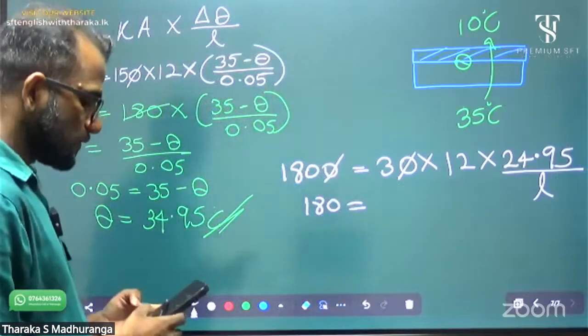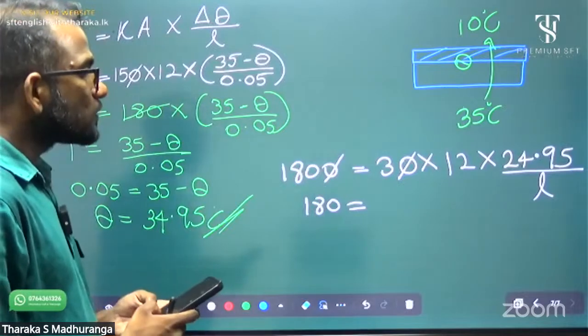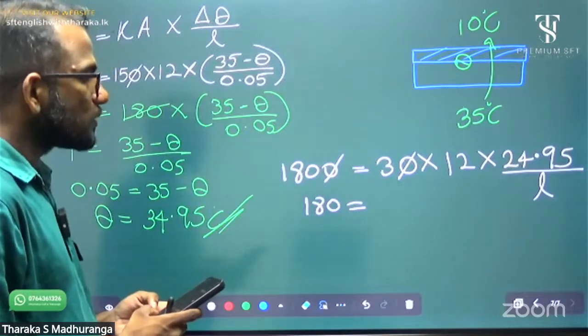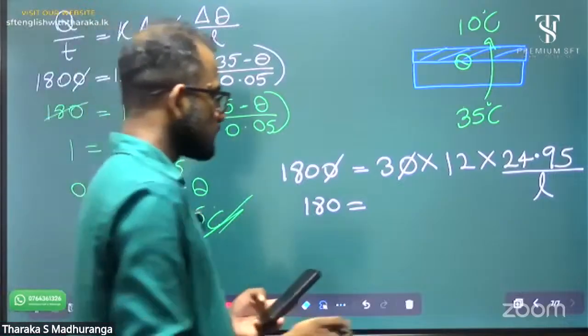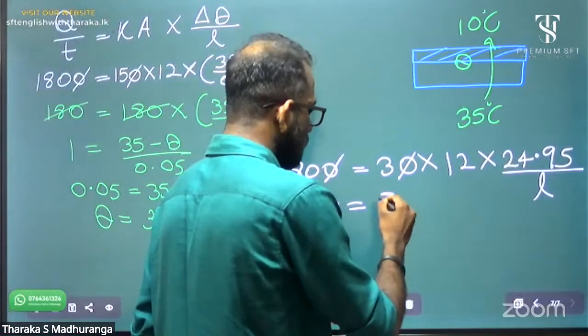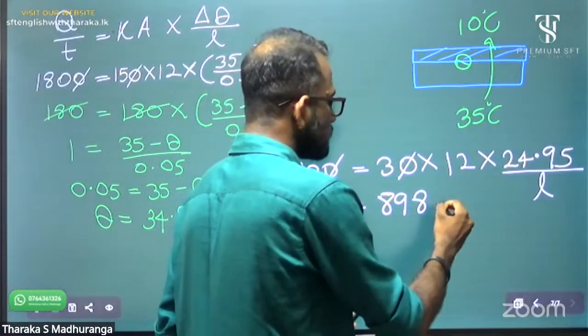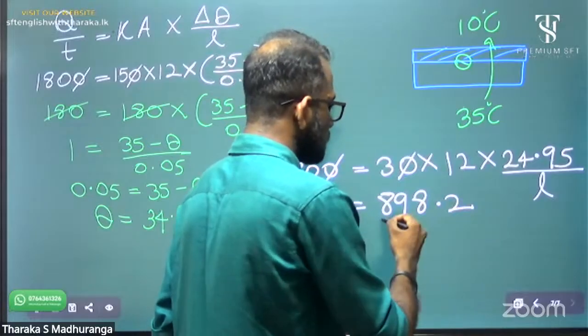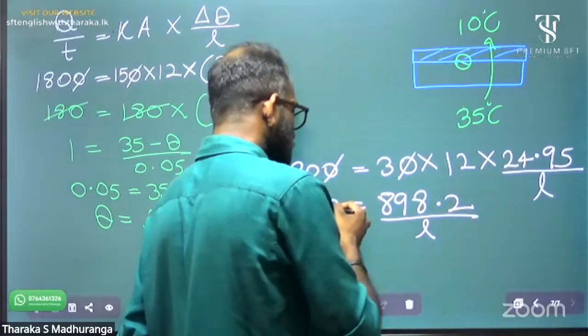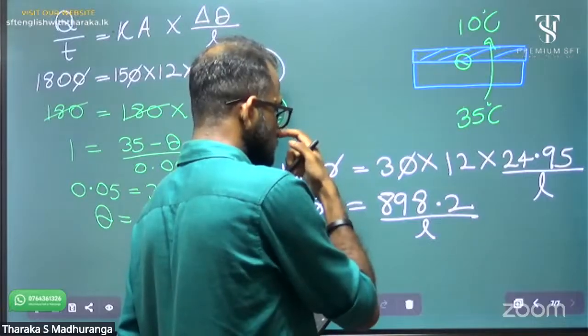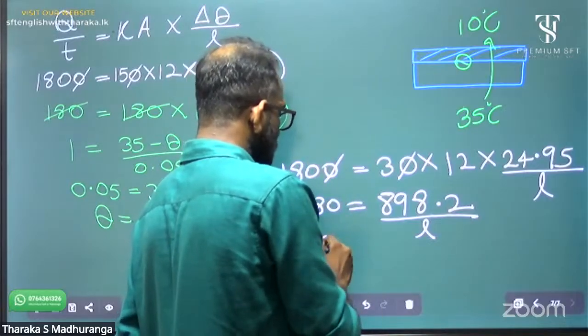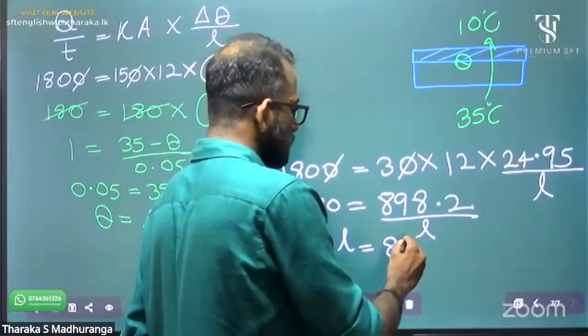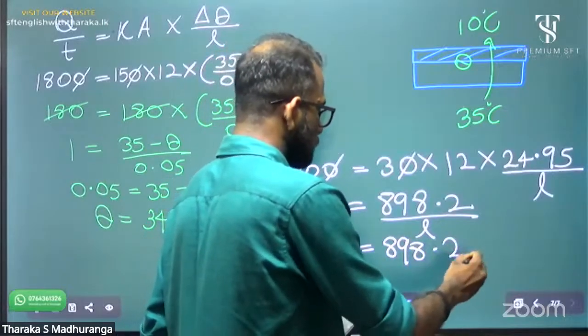12 into 3, 36. 36 into 24.95, 898.2 over L. Now cross multiplication. 180 L equals 898.2.